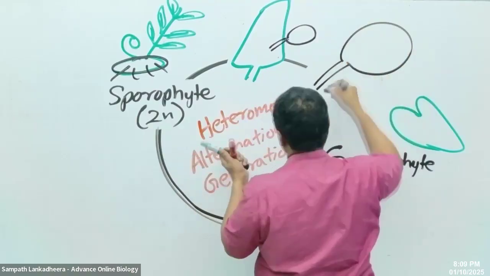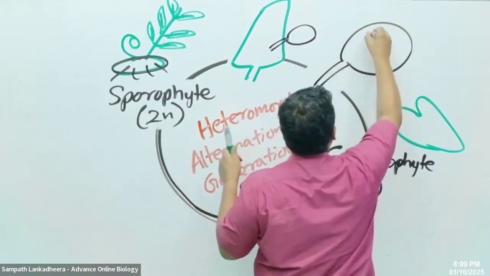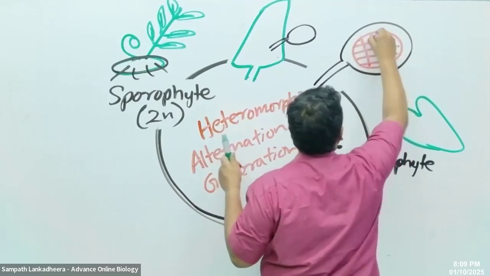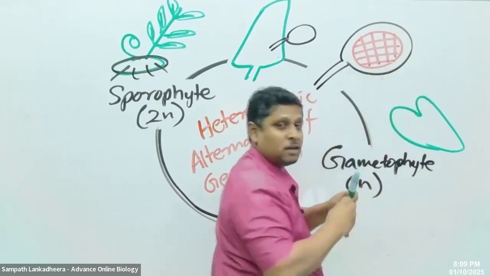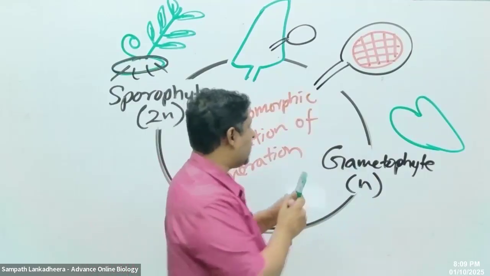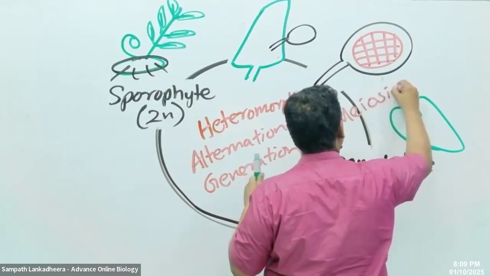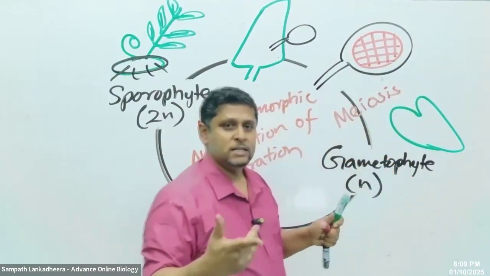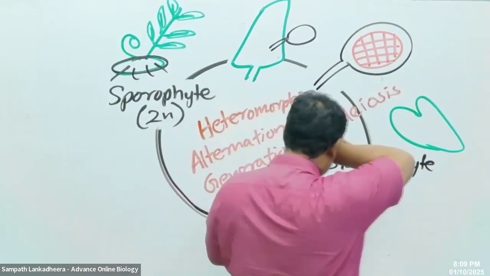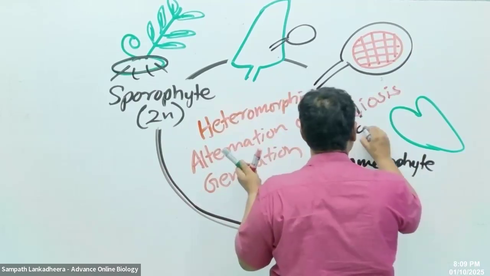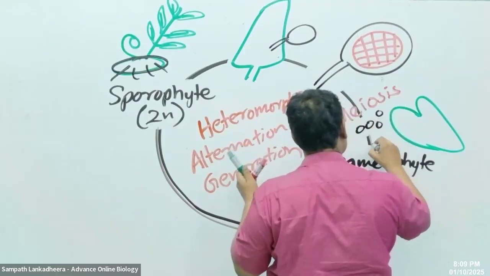Inside the sporangium, mother cells are present. What do you call those mother cells? Spore mother cells. The spore mother cells undergo meiosis, and then they form spores.